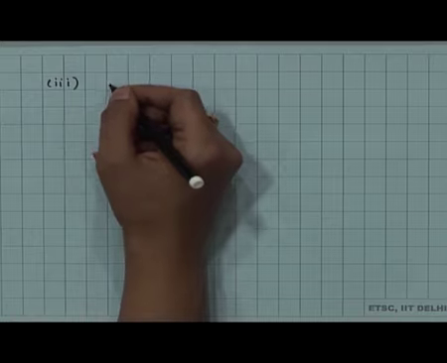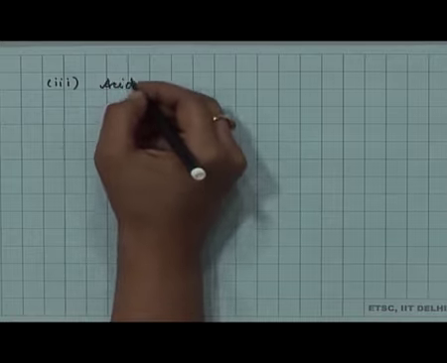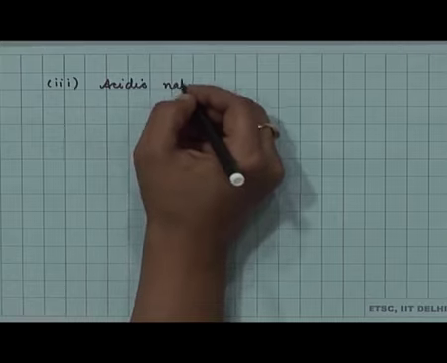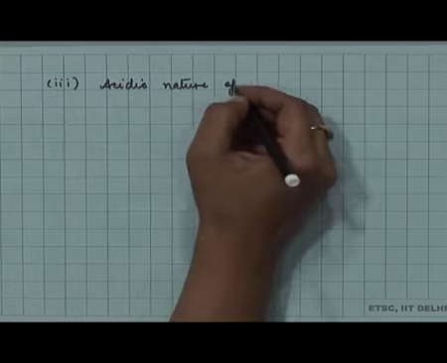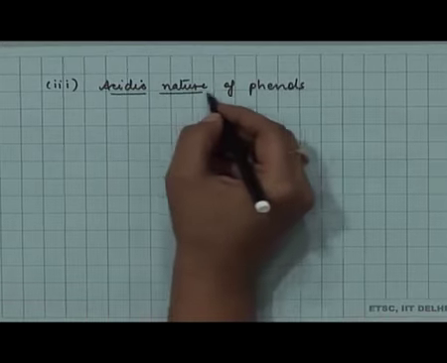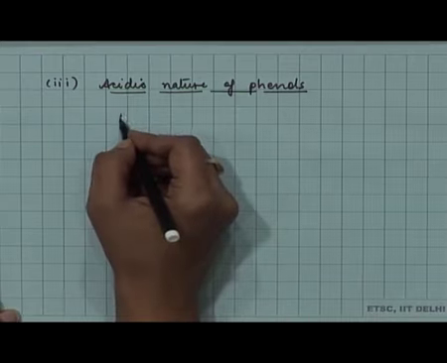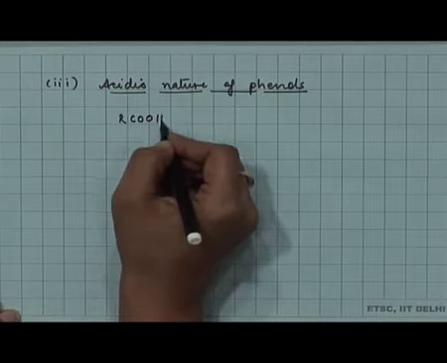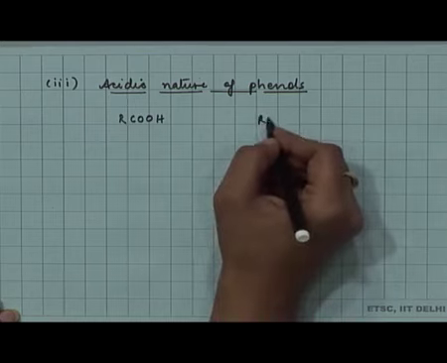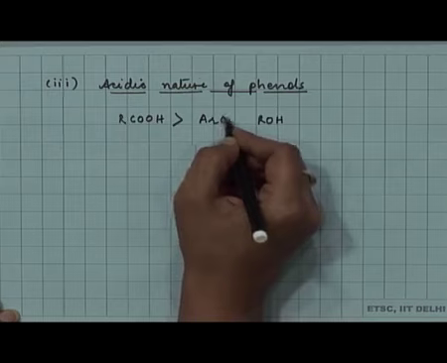Another difference between them is based upon the acidic nature of phenols. The acidity of phenols is not the same as that of alcohol. If I have to draw a comparison, a carboxylic acid is most acidic and an alcohol is least acidic, and in between comes the phenol.